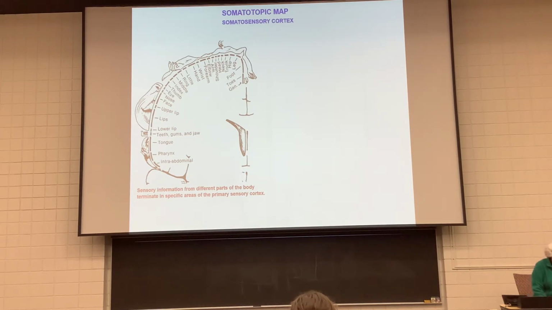We see shoulder, arm, elbow, trunk have essentially very little representation, and then we get out here to the hand. And we see very large areas dedicated to the hand, and in particular, to each of our fingers. Little finger, ring finger, middle finger, index, thumb. And then another area that has very large representation is the face.